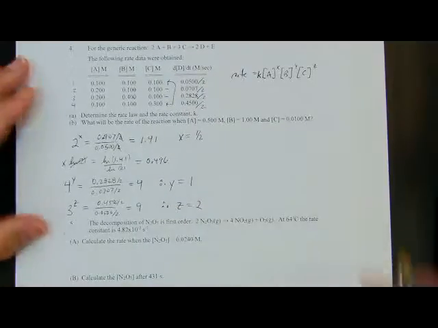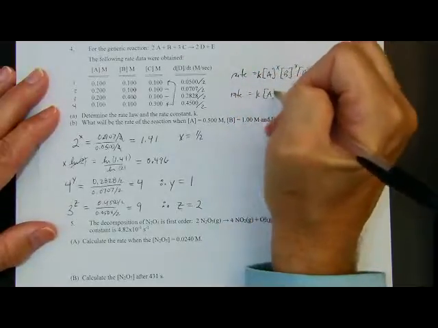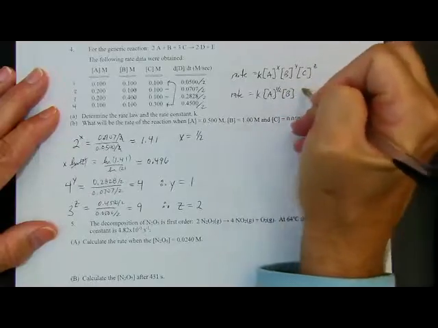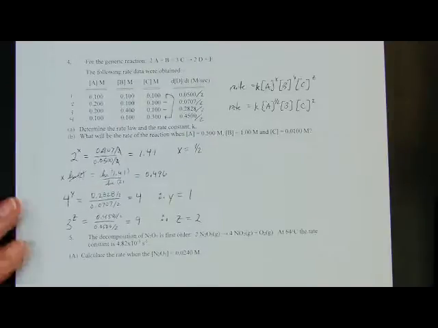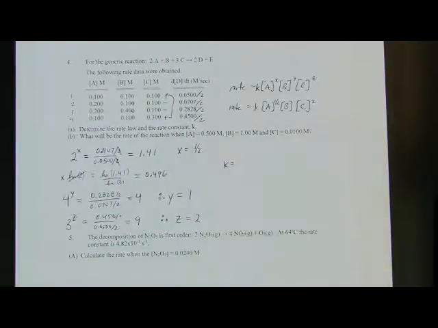Okay? So now our rate law in general is equal to k times a to the 1/2 power, b to the first power, and c squared. But we need to now solve for k. So how do I get the value of the rate constant k?